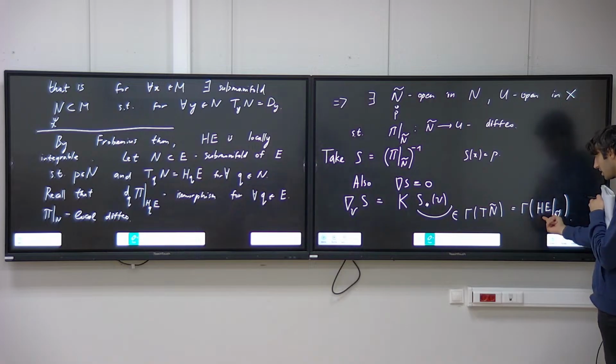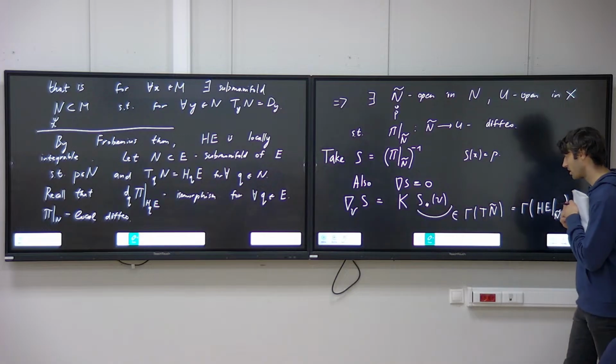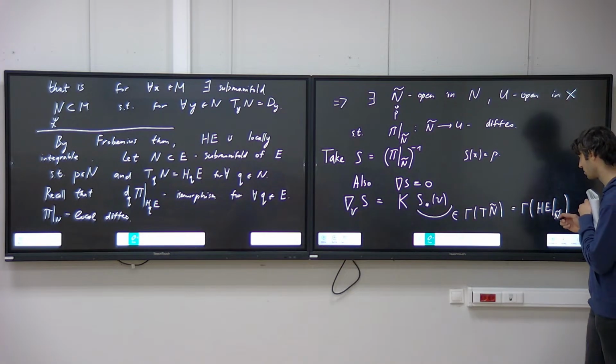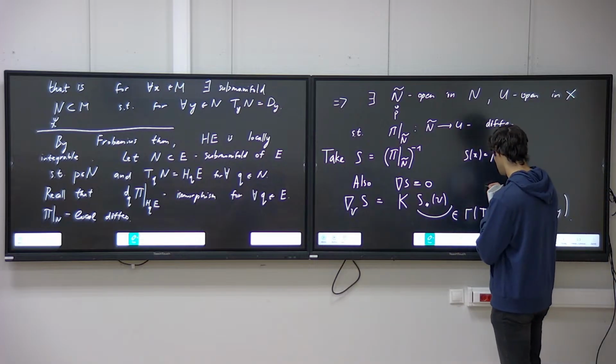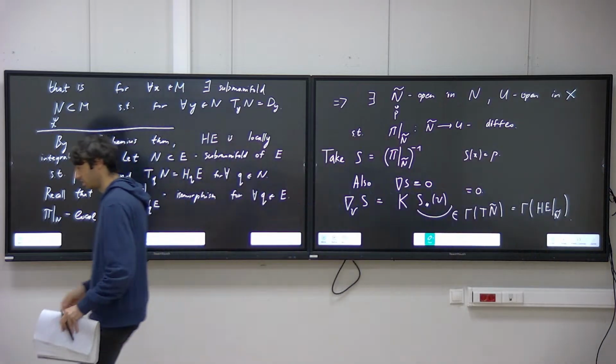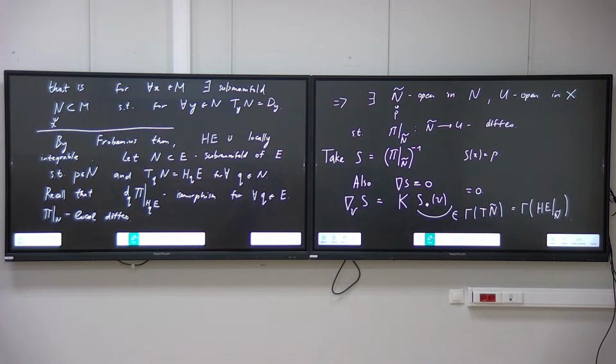But since it's HE, the projection in the vertical direction will just give me 0. So therefore, this is just 0. And we're done. So we have a flat section.